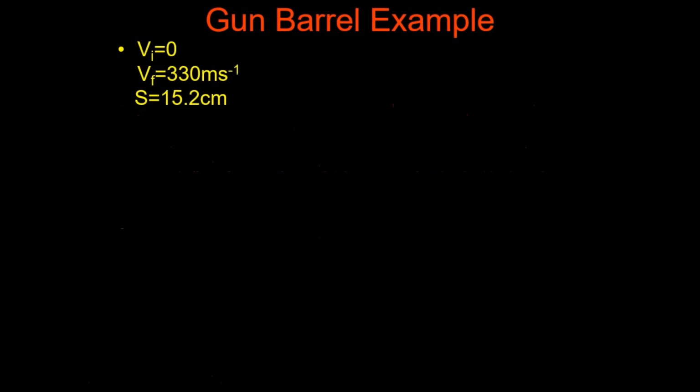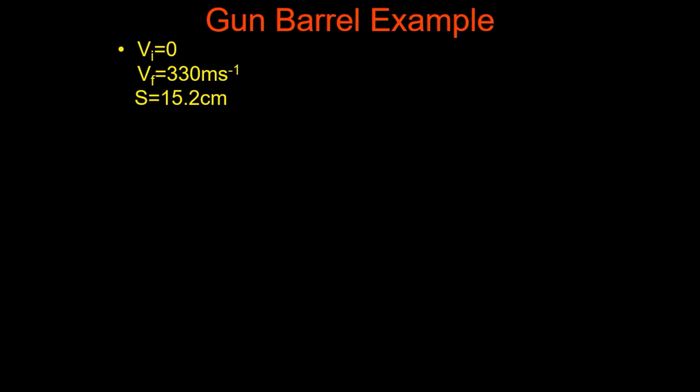Initially, this list should look something like this. Vi is equal to 0. That's the initial velocity. A bullet will start from 0 in its chamber, and as it's fired, as it leaves the barrel, it'll reach 330 meters per second. So Vf is 330. S is 15.2 centimeters.